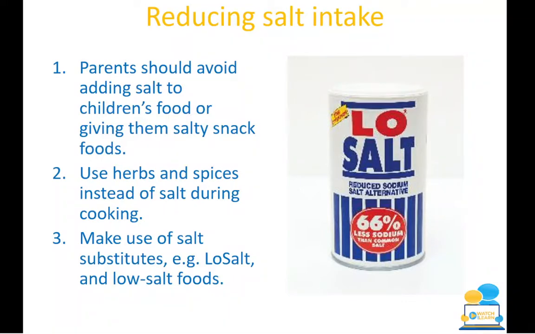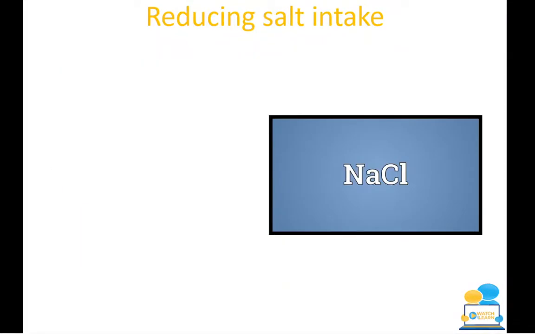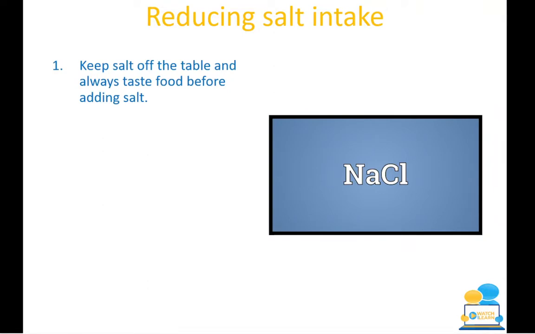And just try and use low salt foods, so stuff which is naturally low, like your fruit and veg. From science, you'd know that it's called sodium chloride. You might see that coming up on the back of a food label, but you don't need to know that it is NaCl.